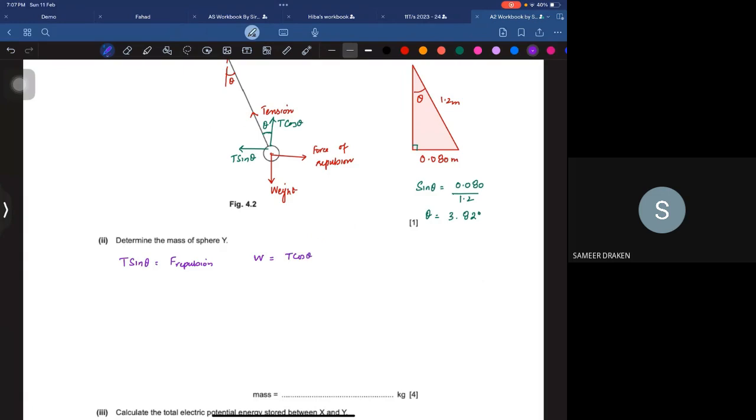Now what to do next? We have to find this tension in order to find the weight, right, kids? It's pretty easy now. All you need to do is write T sine 3.82 equals, I'm going to use kQ over R squared. So T sine 3.82 equals 8.99 times 10 raised to power 9.